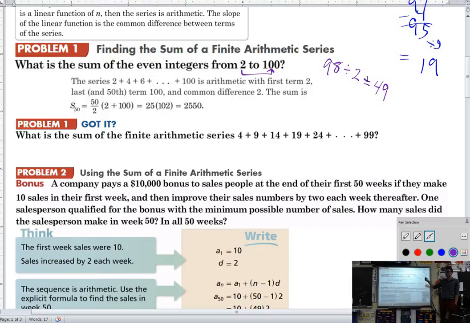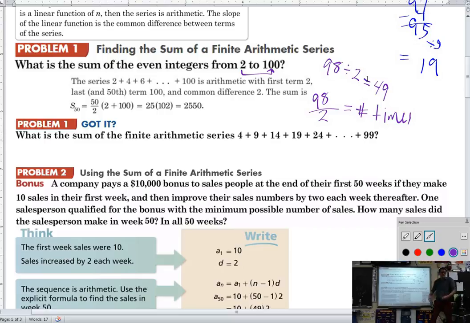It's how many times we changed the term. You found a unit rate, essentially. You took 98, the total difference, divided by 2, the individual difference. This tells you number of changes, number of jumps, number of differences that happen.